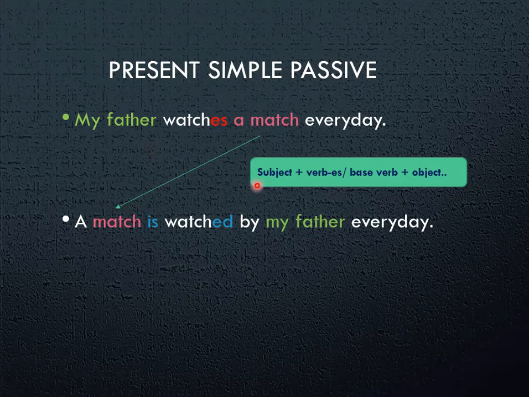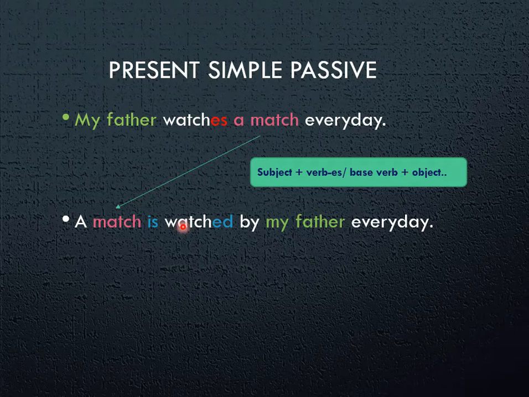Then the verb. The verb watch is in the present simple. So we should change the form of the verb into the PP or the past participle. If you want to form the past participle from the regular verbs, you should add D or ED at the end of the verb. But if this verb is irregular, we should memorize the third form from the list included in the box that the teacher gave to you in the class.